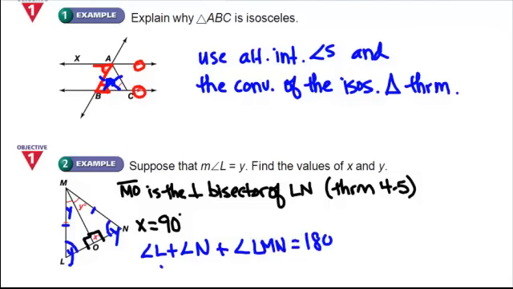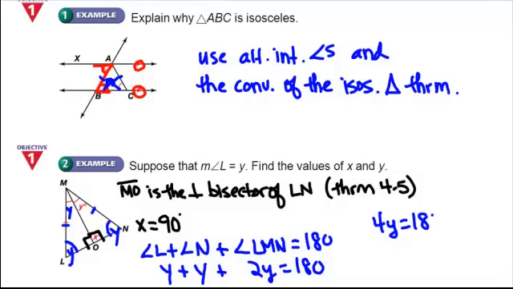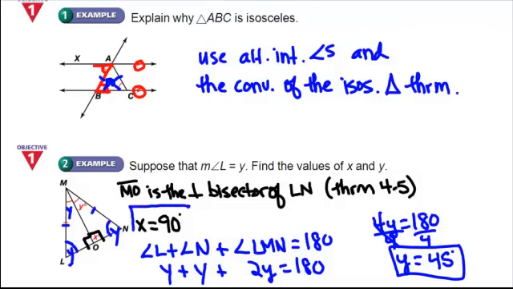So this y plus this y plus 2 of those y's for this angle has to equal 180. Solving this, I get 4y equals 180, divided by 4, y is equal to 45 degrees. So my x is 90 degrees and my y is 45 degrees.